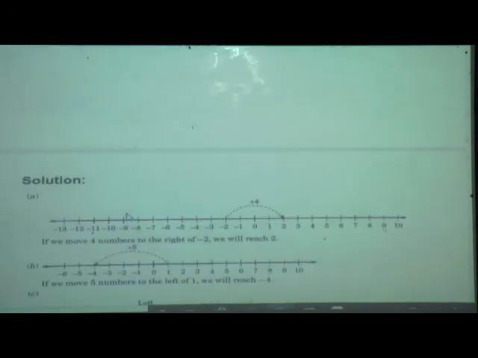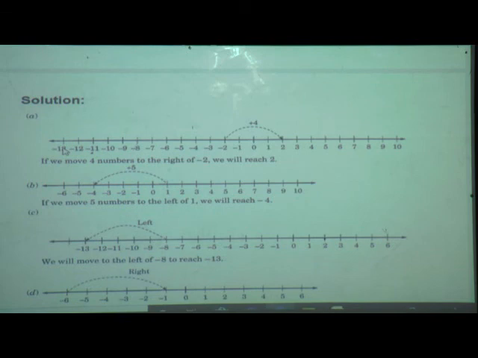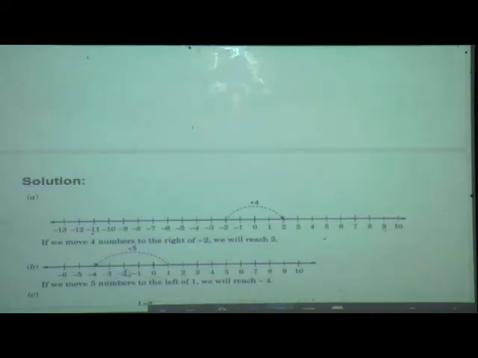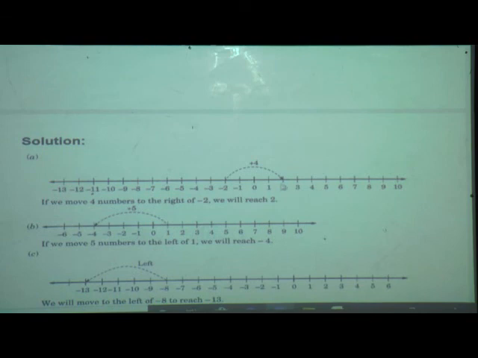Let us see here. For this we need to draw a number line, and what is asked in the question? We have to move 4 numbers to the right of minus 2. Okay, see here. This is the number line. 0 is in between. Here we have positive integers, and this side to the left we have negative integers.